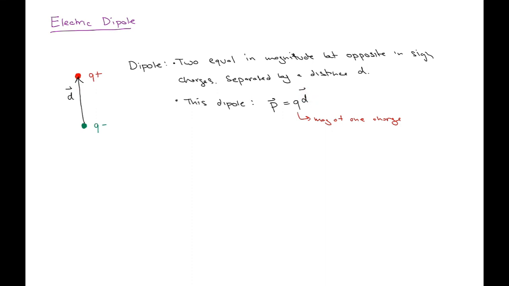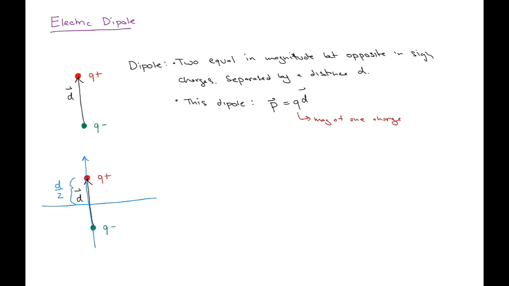So if I wanted to calculate the potential of this dipole, I could do that. I'm just going to steal this image here, paste it down here, and give myself a coordinate system that I'm going to use to actually calculate the potential. The easiest way to do it is to put the origin right halfway in between them, such that this distance here from, say, the positive charge to the origin would be d over 2.